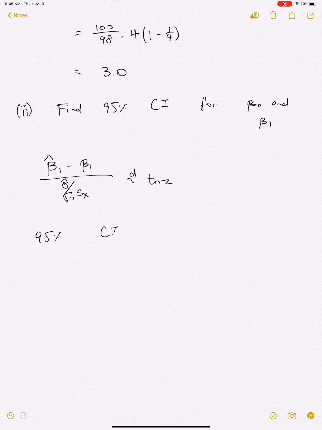the 95% confidence interval for beta 1 is just going to be beta hat 1 as our center point, and then plus or minus t n minus 2, with 0.025 as that cutoff point, multiplied by sigma hat over square root of n times sx.